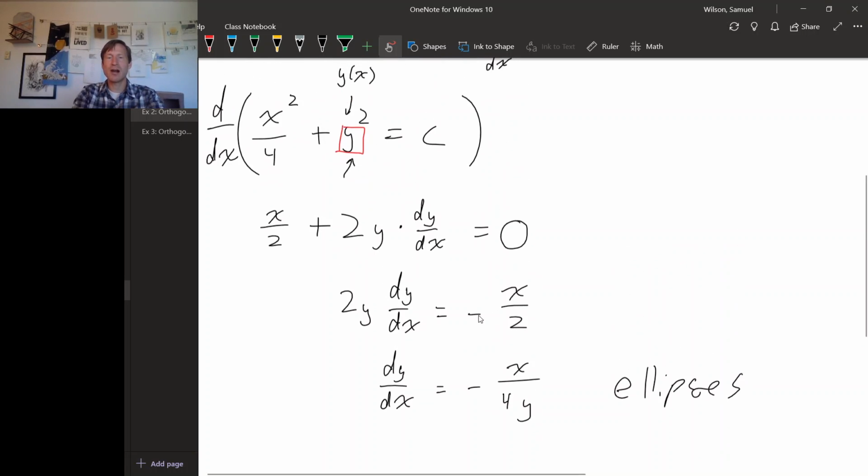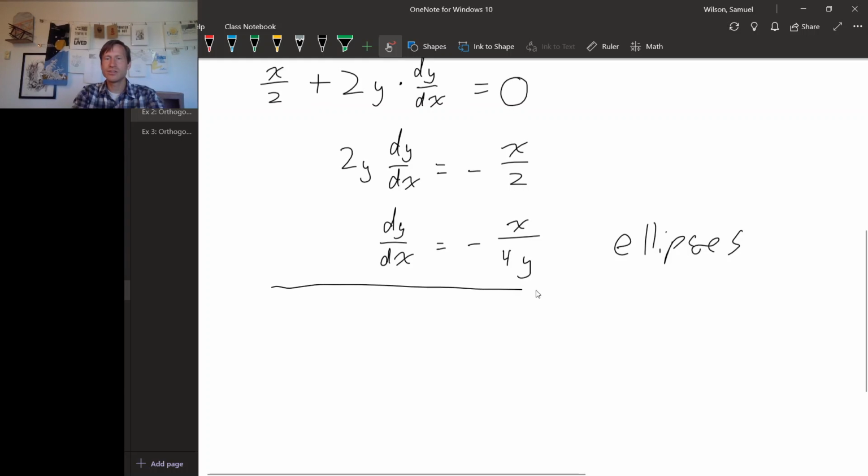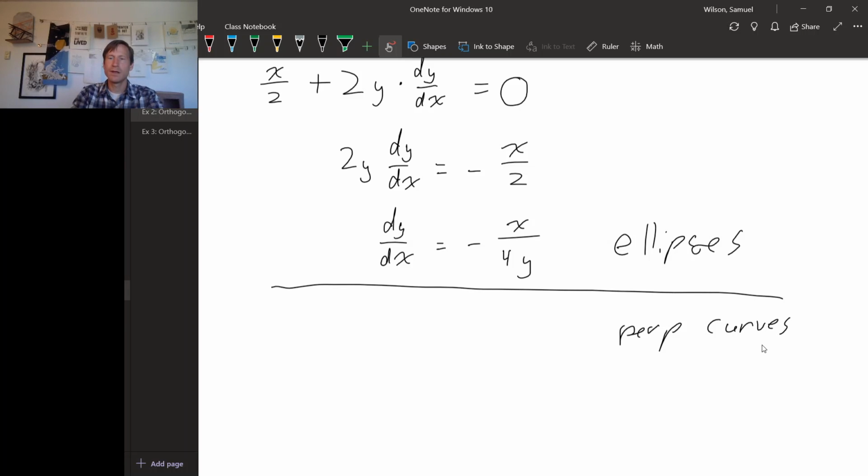Now remember, our idea was to switch to the perpendicular curves. dy/dx is the slope of the perpendicular curves. We need the negative reciprocal of the slopes for the ellipses. So we just need to drop the minus sign and turn this fraction over.